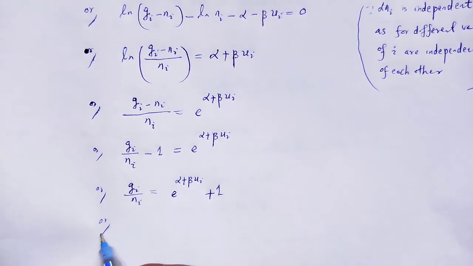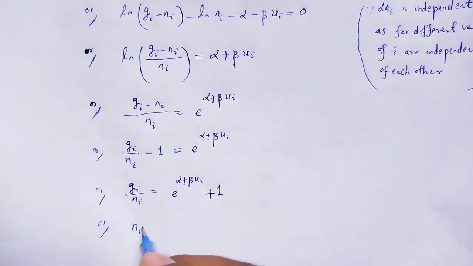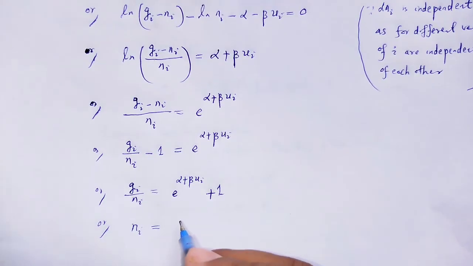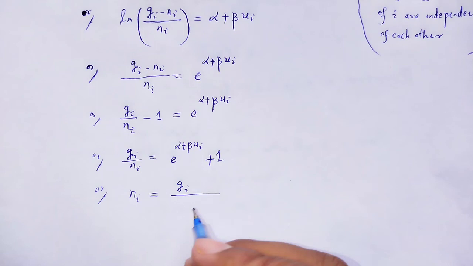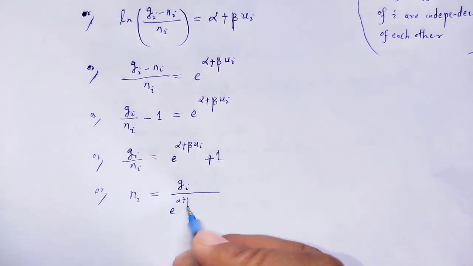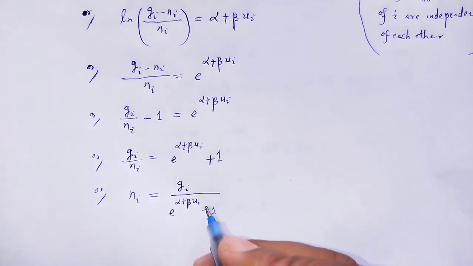Our requirement is to calculate Ni, so the expression for Ni is Gi divided by [e to the power (alpha plus beta Ui) plus 1].